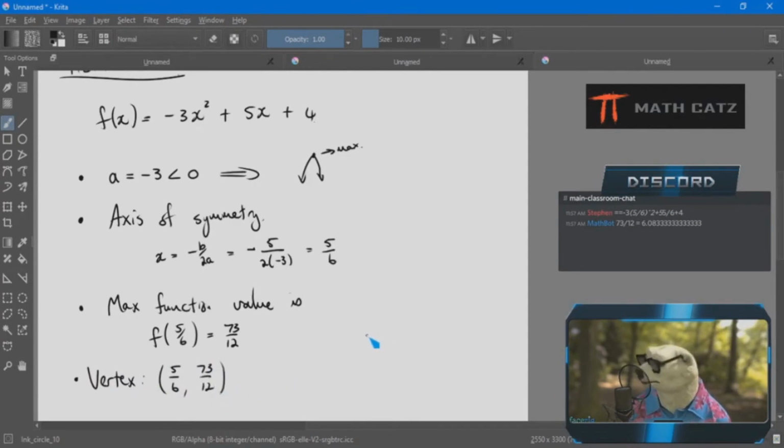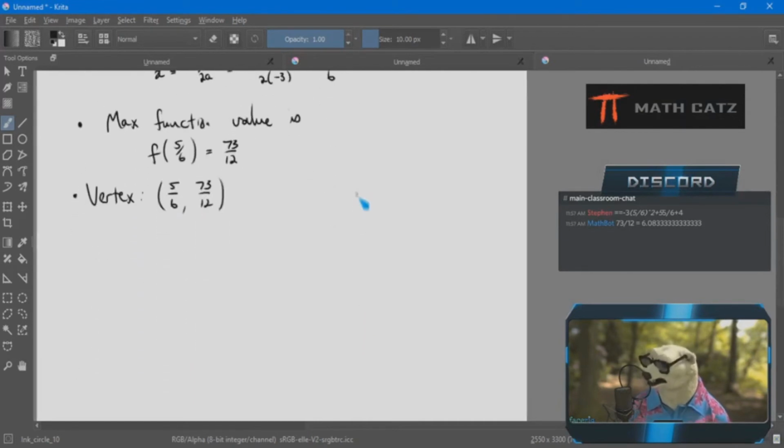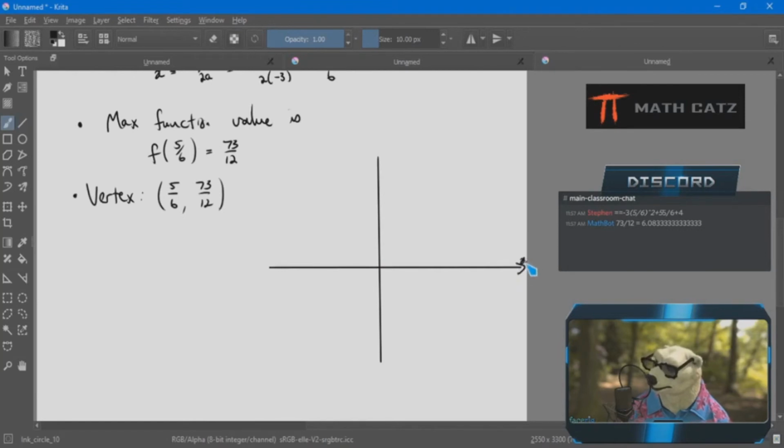Let's do a little graph here. I have enough information to have a rough idea of the graph. X and y. Now these are unpleasant fractions, right? They're all positive. The x-coordinate is a little small. Let's put it fairly close at 5 over 6.